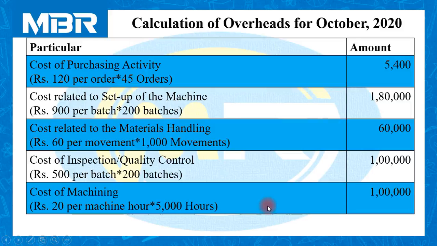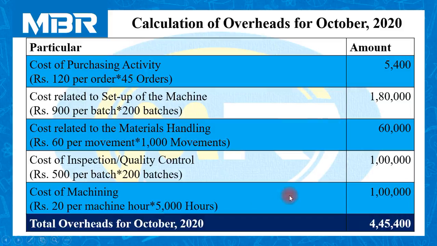So this is more scientific than the traditional method. And total overheads for October 2020 is rupees 4 lakhs 45,400.